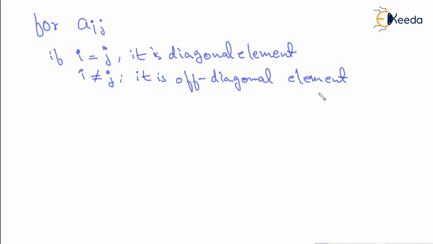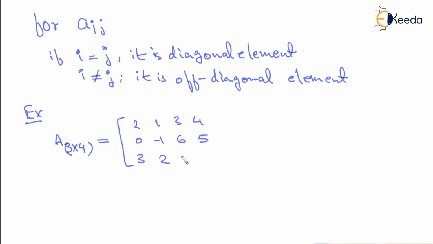For example, let's take a sample matrix of size 3 cross 4. 2 1 3 4, any random values, then 0 -1 6 5. So this is 3 cross 4. You can pick any element.